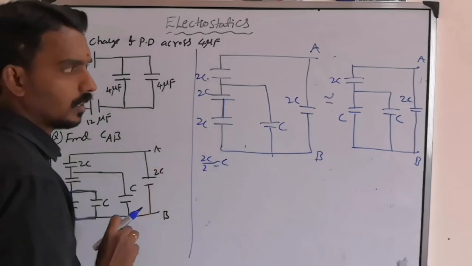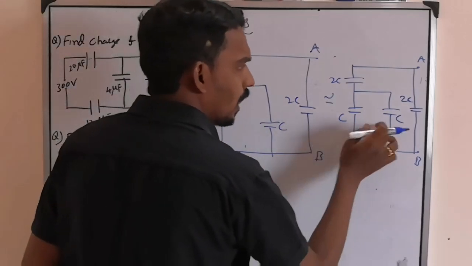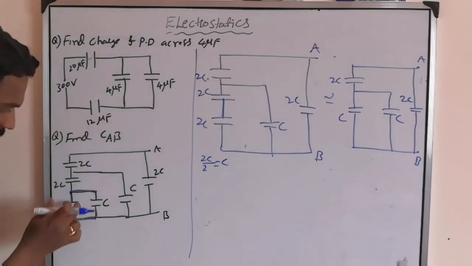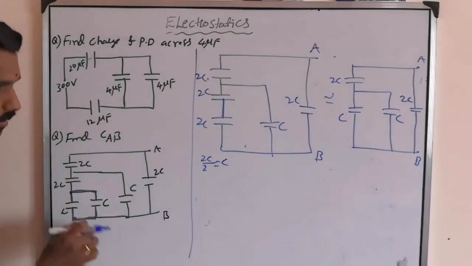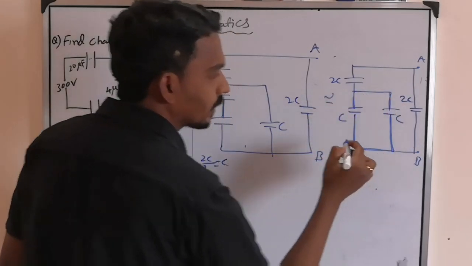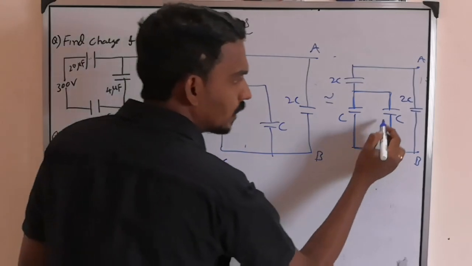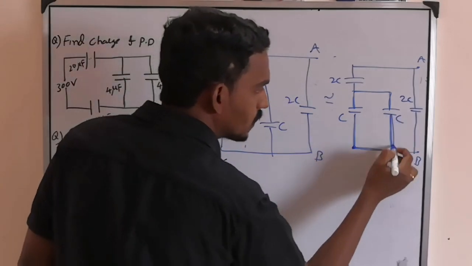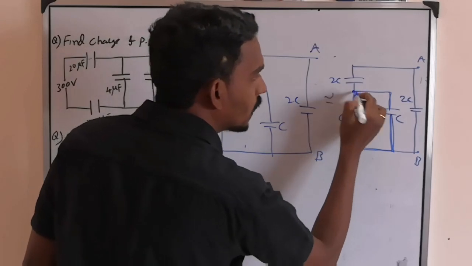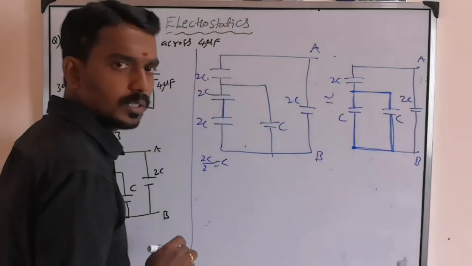Now these two are in parallel, same as before. See, one end and one end are connected. This point is connected to this point, and this is connected to this point.